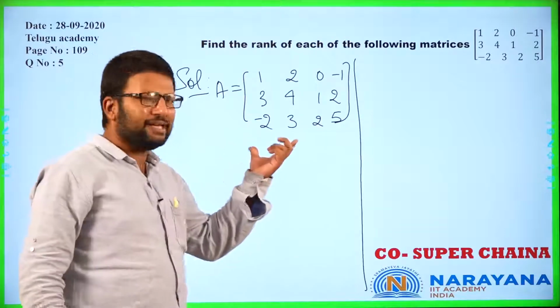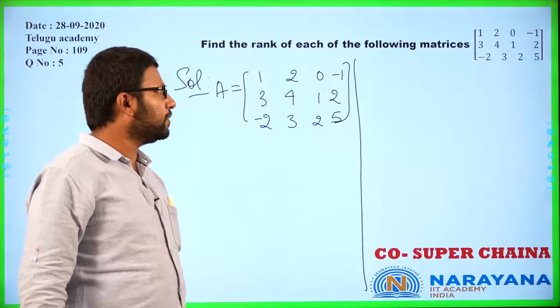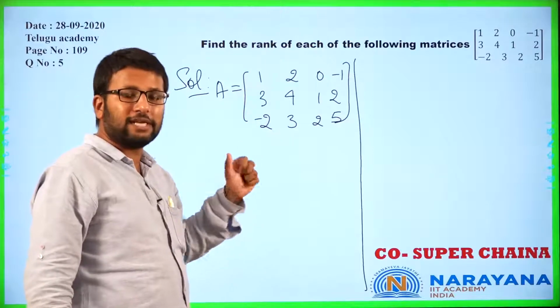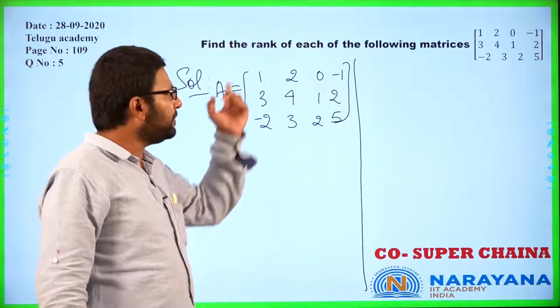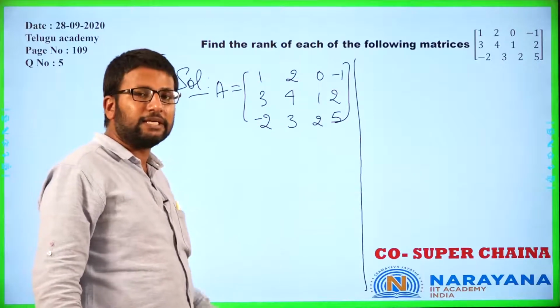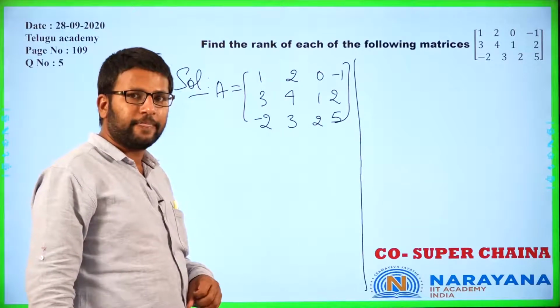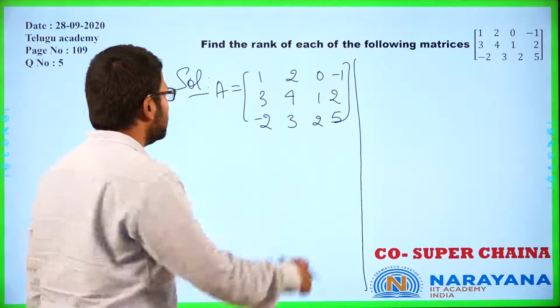Should we proceed by the echelon form method or the determinant method? If you want to go with the determinant method, you will have to take some 3 by 3 matrix and then calculate the determinant. By mistake, if it turns out to be 0, then you have to keep trying all the other 3 by 3 determinants until you get a non-zero determinant, right? Which is going to take a long time. So, instead of that, we will just go by the echelon form method, right?